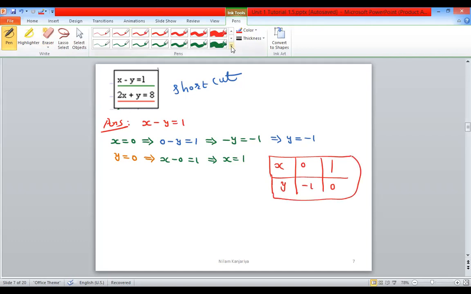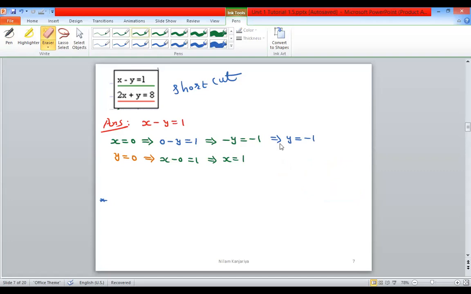Now similarly use the second equation. Your second equation is 2x plus y is equal to 8.